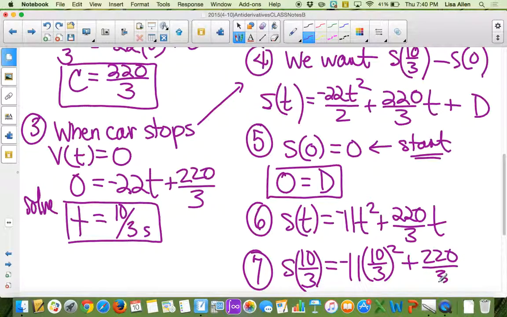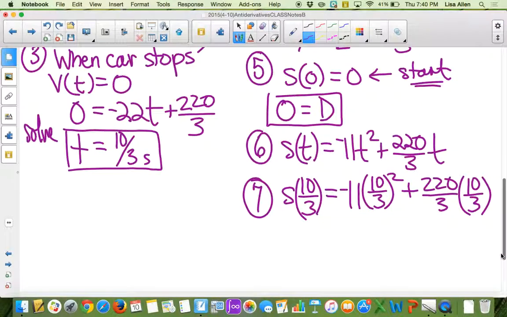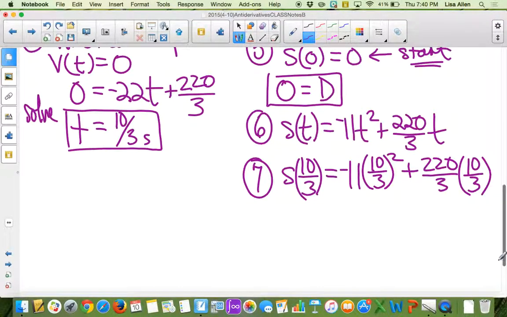All right, no calculators, just kidding. So that's where we're finding S of 10 thirds. Remember, in the end, we want S final minus S initial. So when you simplify this, I'm sure you can work this out and double check me on this, 122.2 feet.